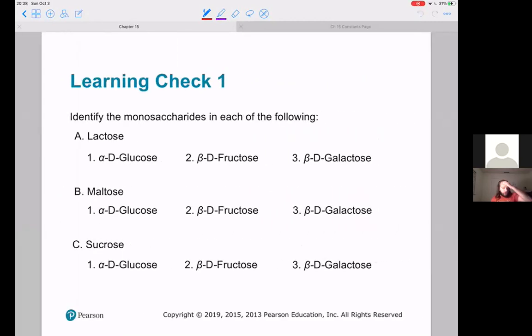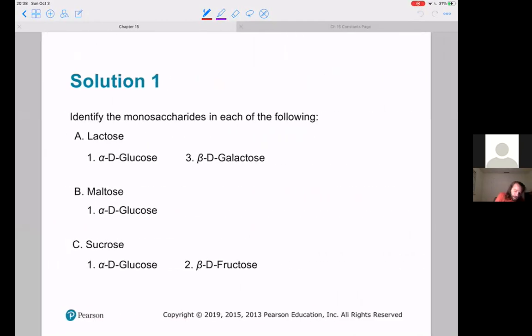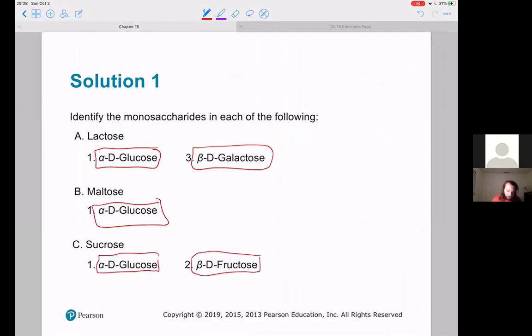Okay, so identify the monosaccharides in each of the following: lactose, maltose, and sucrose. Remember, these are just something that we have to know. We have to know that lactose consists of alpha glucose and beta galactose. Maltose is all alpha glucose, and sucrose is alpha glucose and beta fructose.